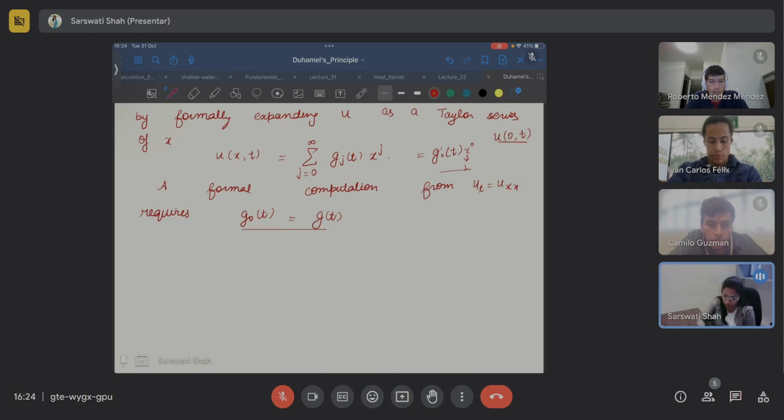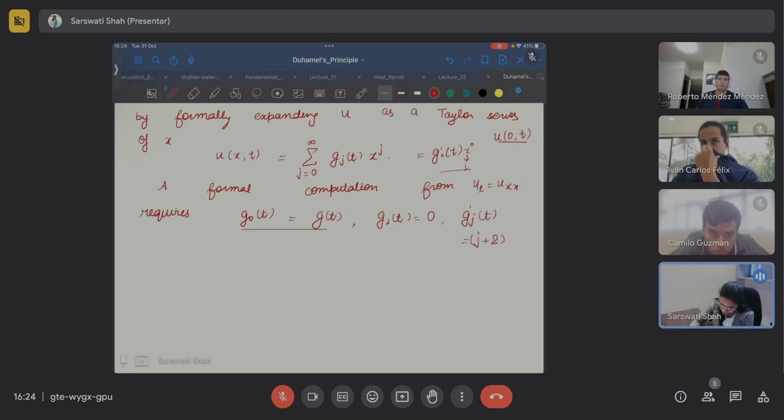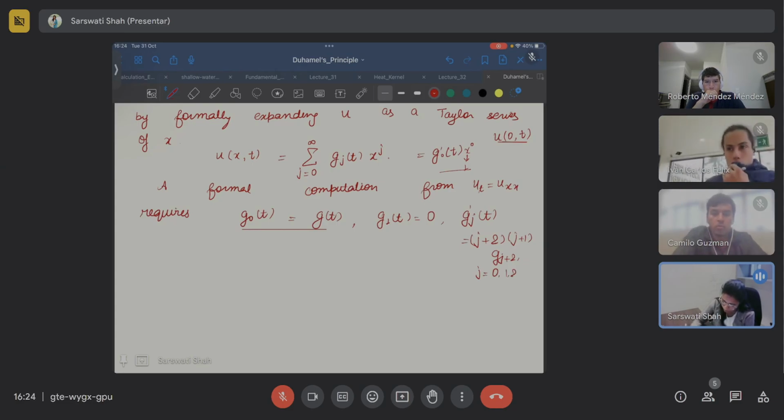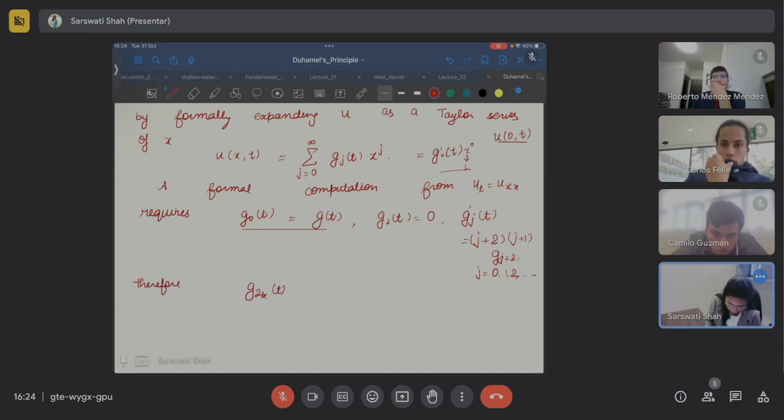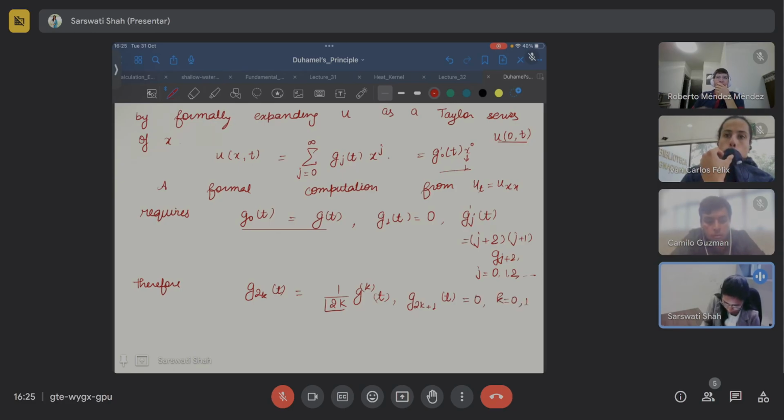Because of that, g_0(t) is going to be g(t), g_1(t) is going to be 0, and g_{j+2}(t) is going to be g_j'(t) over (j+1)(j+2), j varying from 0, 1, 2, and so on. Therefore g_{2k}(t) equals 1 over factorial 2k times g to the power k (t), and g_{2k+1}(t) equals 0, k equals 0, 1, and so on.